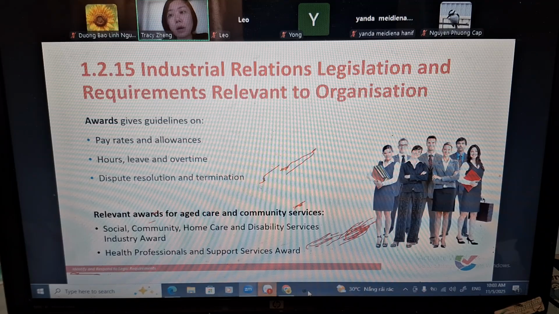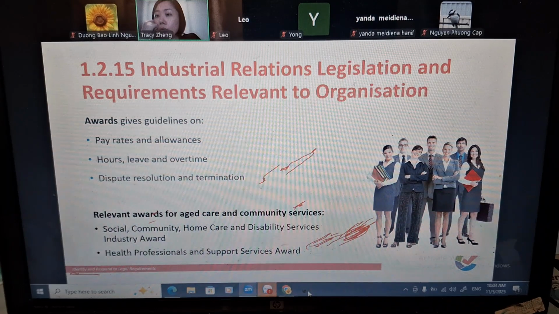And also the allowance. The allowance would include laundry. For example, your organization will give you a free uniform, right? And you need to wash your uniform, so they will give you some allowance for laundry.